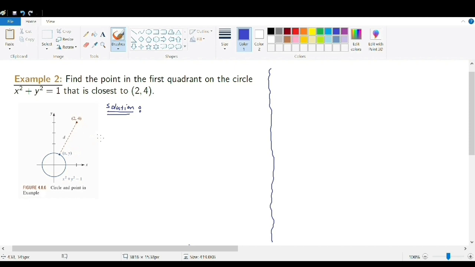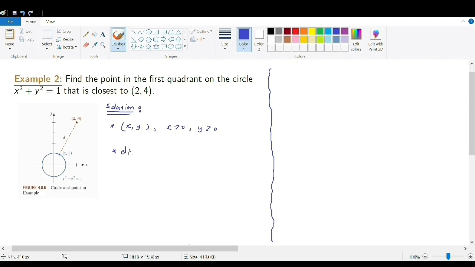So let us say this point is (x, y), where x is greater than 0 and y is greater than 0. Why both greater than 0? Because it will be in the first quadrant, which means both are positive. And the distance between this point (x, y) and (2, 4) should be as small as possible.